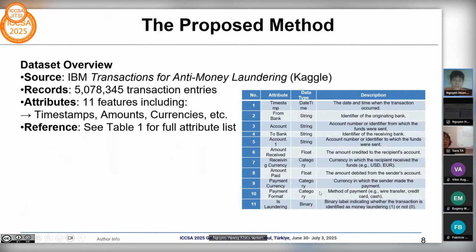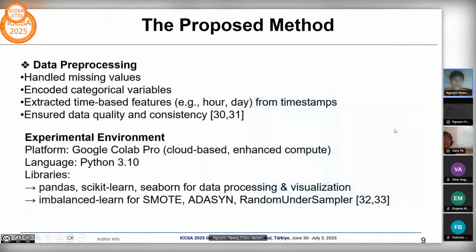Then in the proposed method, we have data preprocessing. We handle missing values and encode categorical variables, extract time-based features like hour and day from the timestamp, and ensure data quality and consistency. For the environment, we use Colab Pro and Python 3.10.